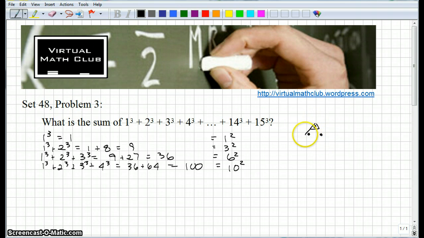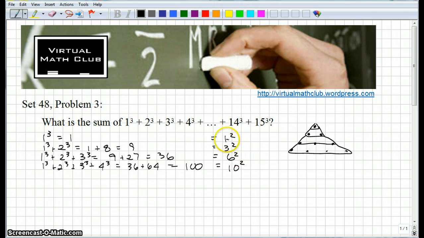The second triangular number would be 1 plus 2, which is 3. And the third triangular number will be 1 plus 2 plus 3, which is 6. Keep going, you add 4 to get the next triangular number, and that's 10. Okay? So you may or may not recognize that, but you can see a pattern, I guess.